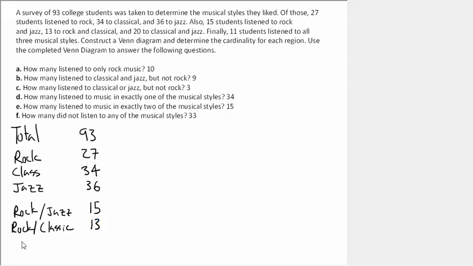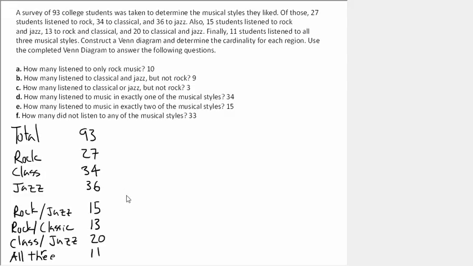And we have 20 to classical and jazz. How many was that? 20. And finally, we have 11 students listening to all three. Oopsie. All three. And there's 11 of those.